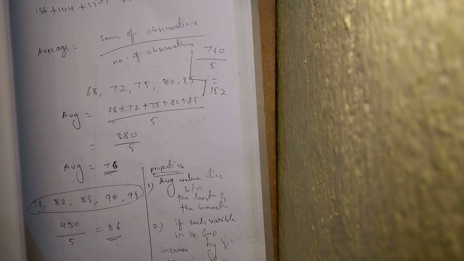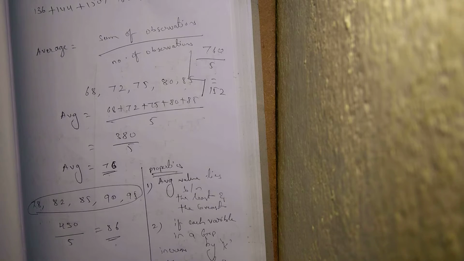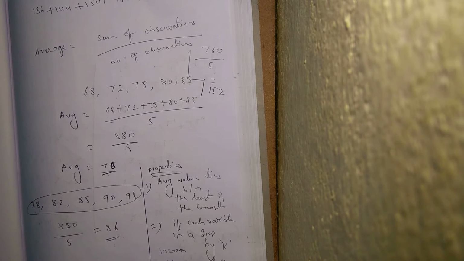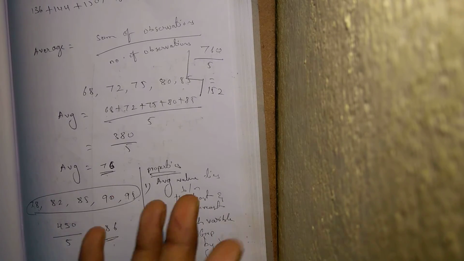So when it is applicable for multiplication, obviously it is also applicable for division. So what you can say is, if each variable in a group increases by k, then the average also increases by k. If each variable in a group decreases by k, the average also decreases by k. So this property is even true for multiplication.